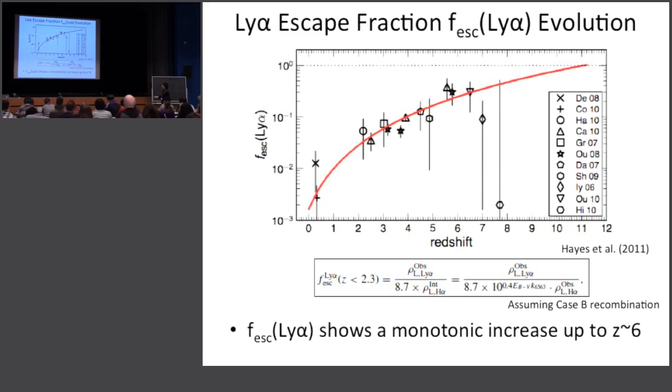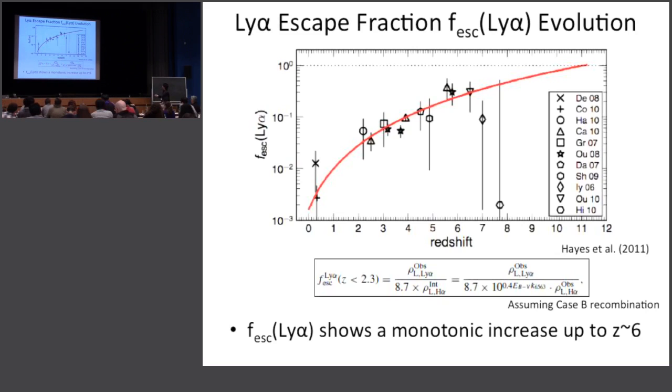It is defined by the luminosity or luminosity density of the Lyman-alpha divided by the expected Lyman-alpha luminosity or luminosity density, which is estimated with H-alpha flux or UV luminosity and so on, assuming the case B recombination. Here 8.7 is, as you're familiar, the case B recombination factor.